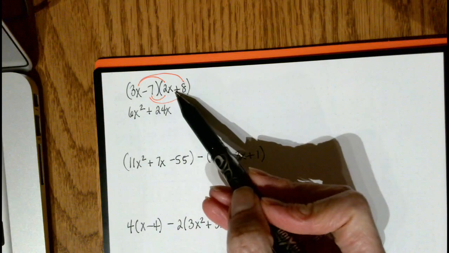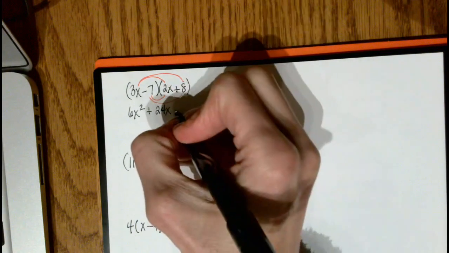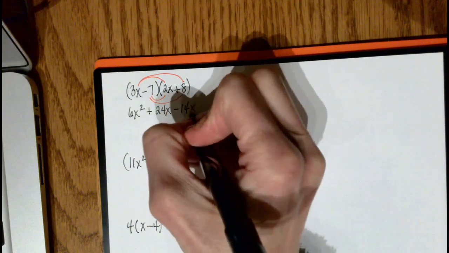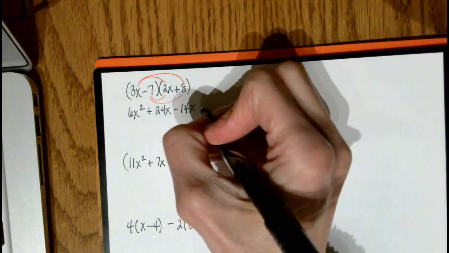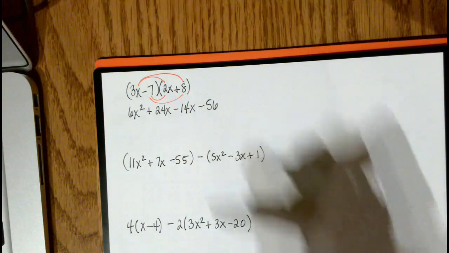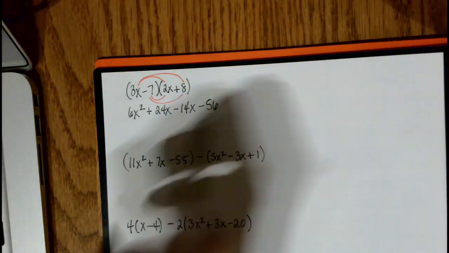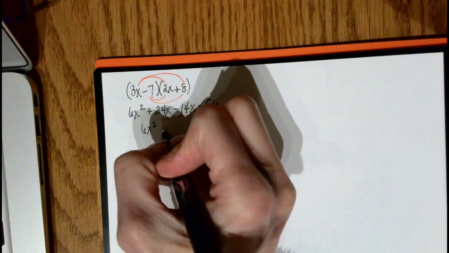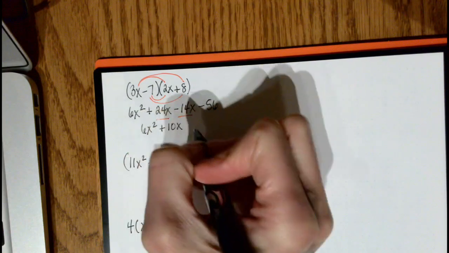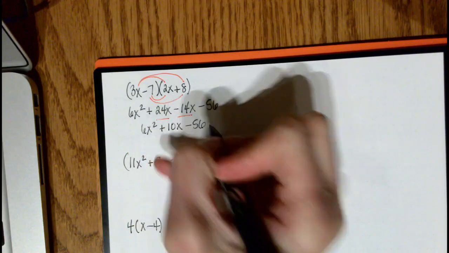Negative 7 times 2x is negative 14x, because it was negative times positive. And negative 7 times positive 8 is negative 56. And then when we combine like terms, our like terms are the 24x and the negative 14x, and we get 6x squared plus 10x minus 56.